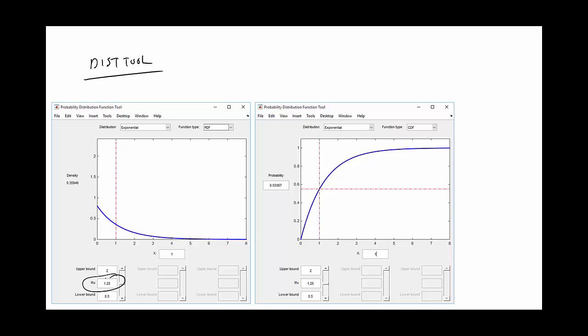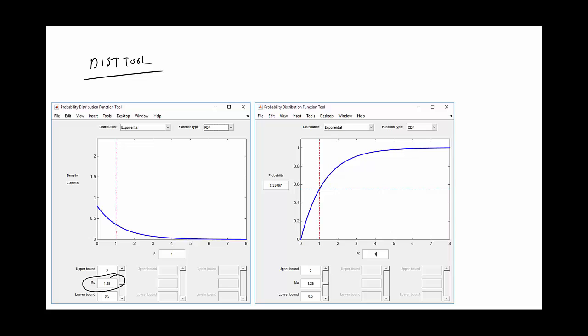And we can see the density function over on the left and the CDF over on the right. And as we know, this exponential distribution is highly variable. And so if we think about an inter-arrival time, we have a whole lot of inter-arrival times that are actually less than 1 minute, even though our mean is 1.25 minutes.